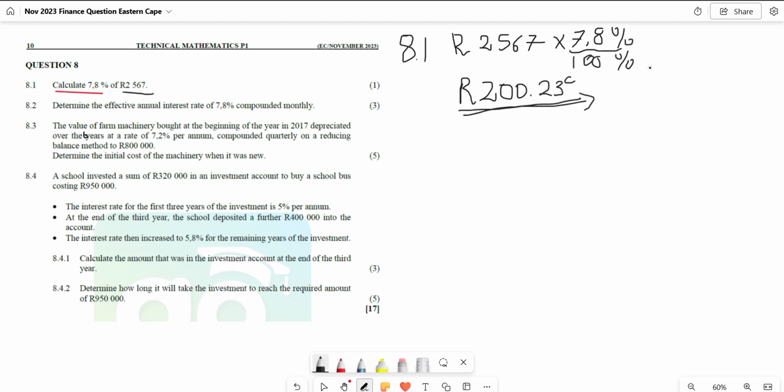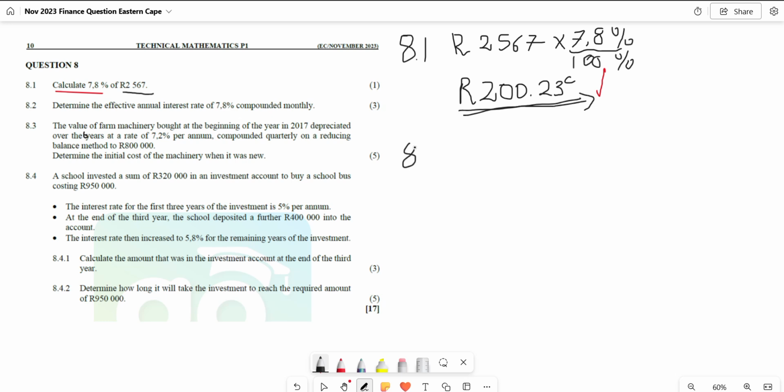That is 7.8% of 2,567. The mark allocation in this regard will be 1 mark, for the answer only. That was the easy question that you can get under finance, growth and decay. 1 mark given for free there. Then we still proceed with other questions.